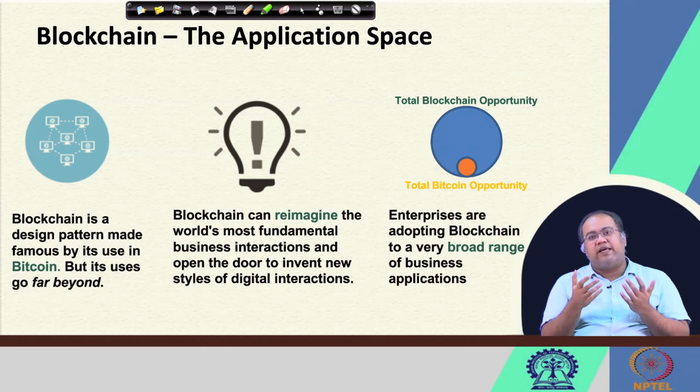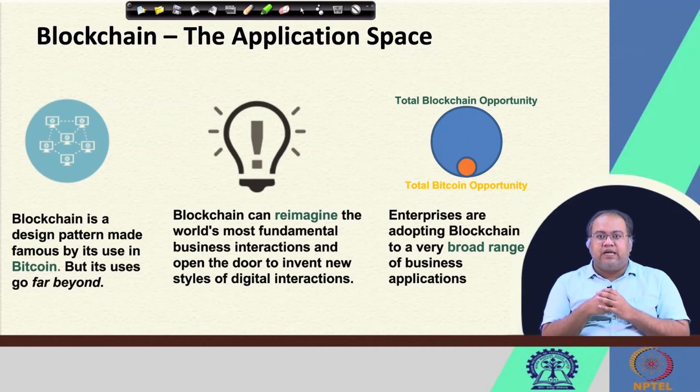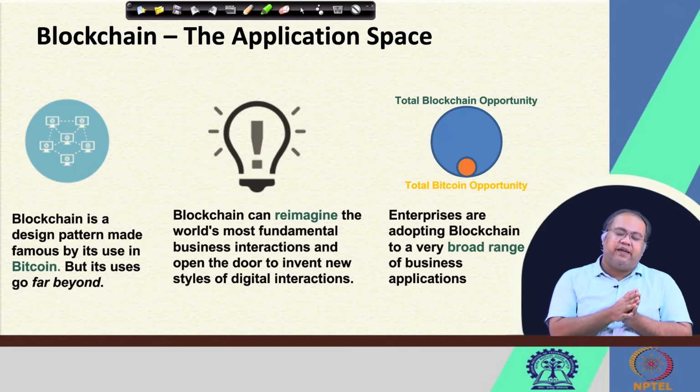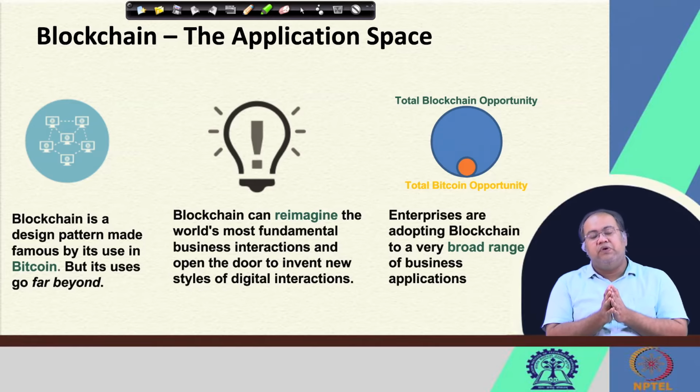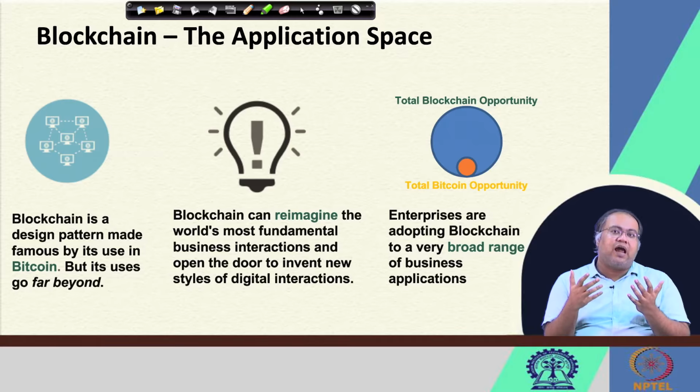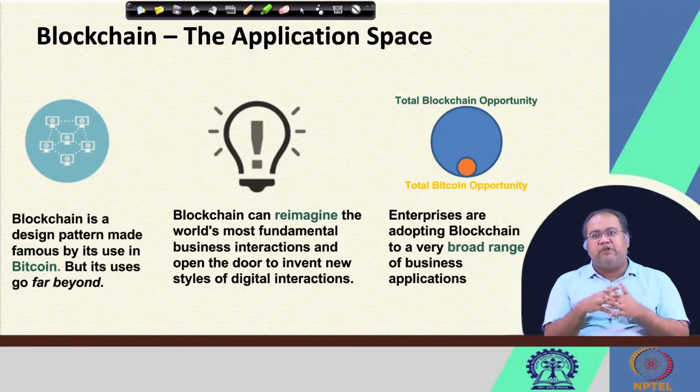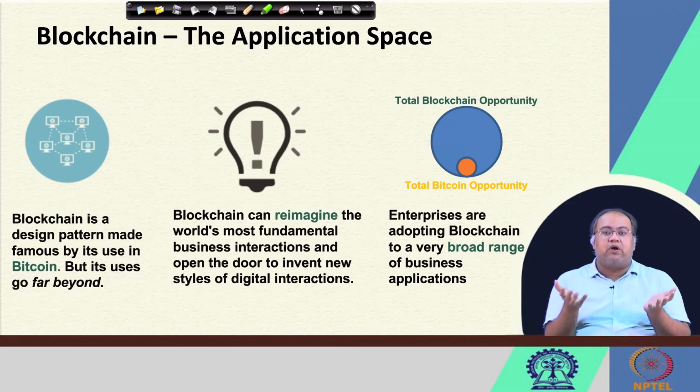From that context they found that we can design something called a smart contract, with the help of which blockchain can automate the execution of code in a completely decentralized architecture, and from that aspect it becomes very interesting to use blockchain in an enterprise space. So, although Bitcoin made blockchain popular, if we look into the different application space for blockchain, it is much bigger than what Bitcoin can provide.